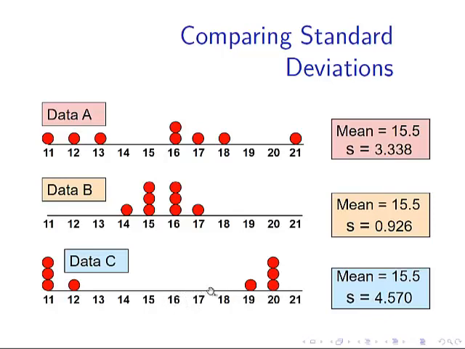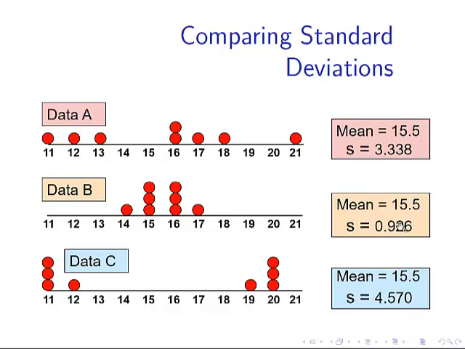And what is the conclusion then? Look at the sample standard deviation for all these three data sets. Here we have the smallest standard deviation. This occurs when the values in the data set are very close to the mean. Here they are a little bit far away from the mean. But here all of the numbers are far away from the mean. Therefore here we have the highest standard deviation.